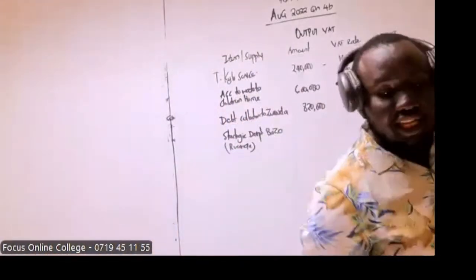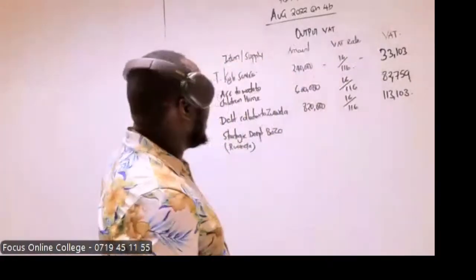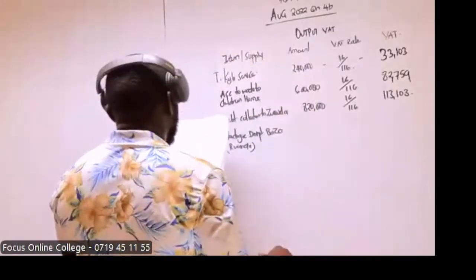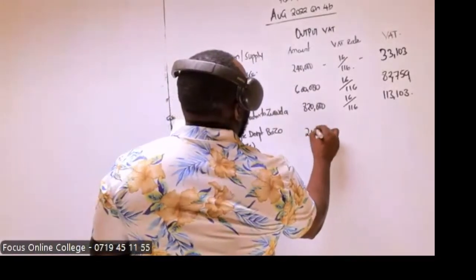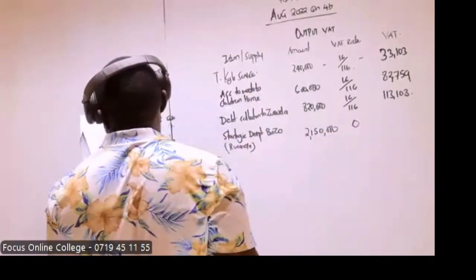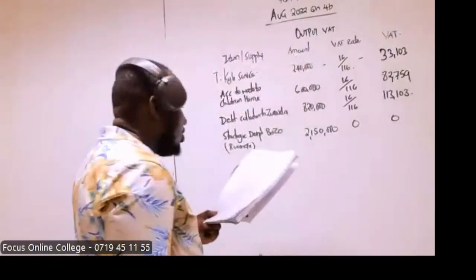Switch off the video, Joy. The word Rwanda makes it zero rated. So the figure is 21,150. If you multiply that by 0, that should be 0. So then we have the next.